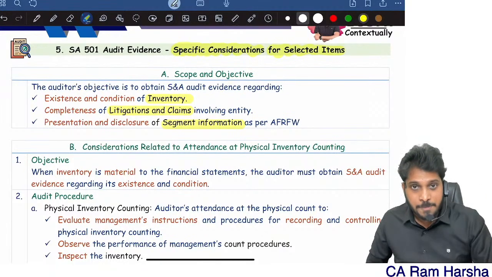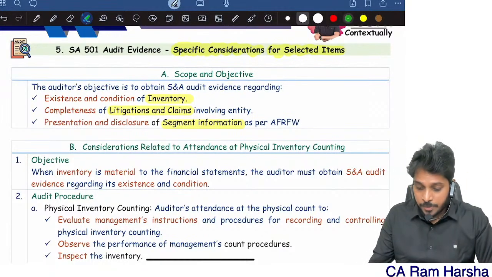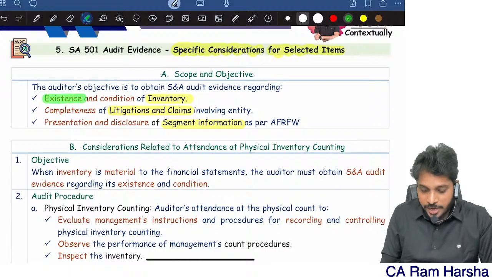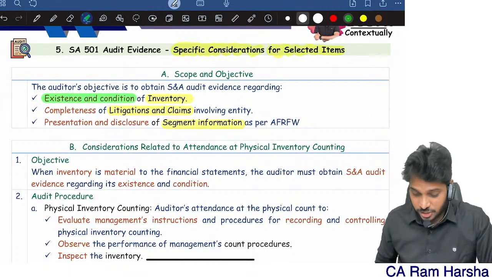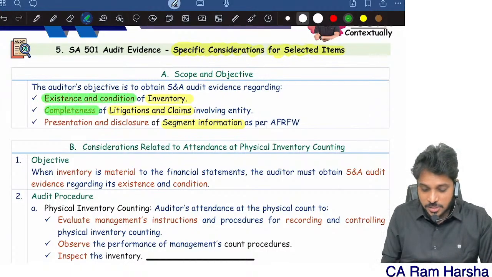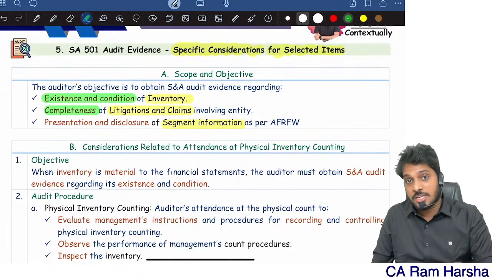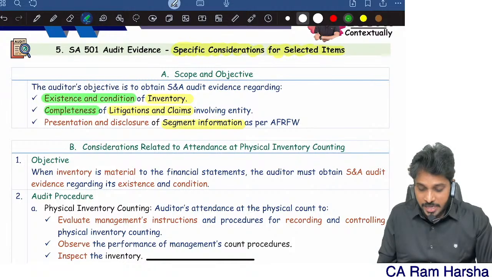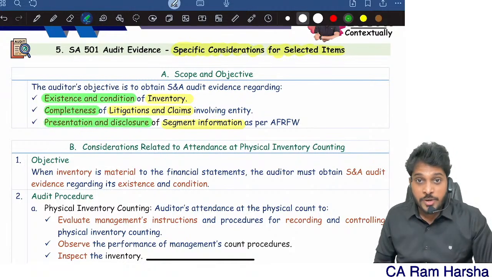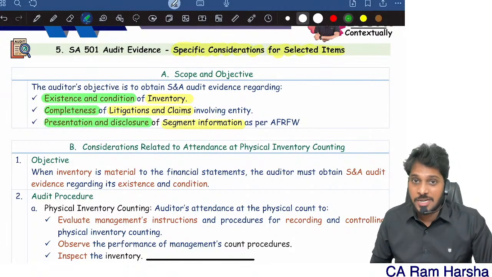Selected items we saw. Specific consideration what? For inventory, you need to get evidence on existence and condition, whereas for litigations you need to get evidence on completeness of litigations and claims involving the entity, whereas for segment information you need to consider presentation and disclosure.